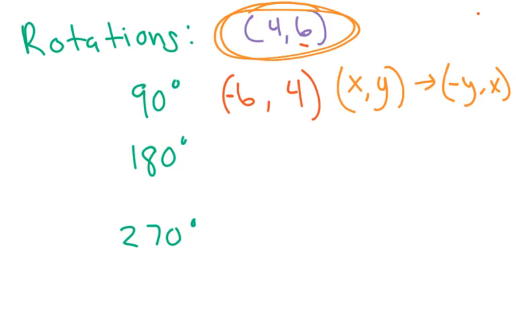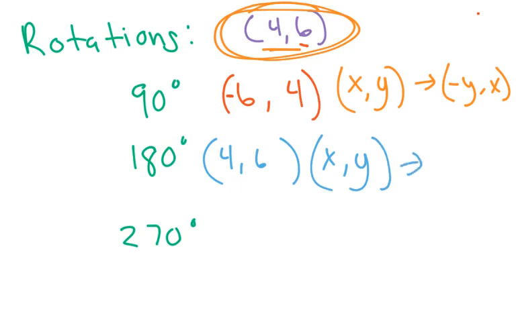So if I have 4, 6 again, right here, and I want to rotate it 180 degrees, then I'm taking opposite x, opposite y. So my x, y value, which were originally 4, 6, change, and I do the opposite of x, opposite y.